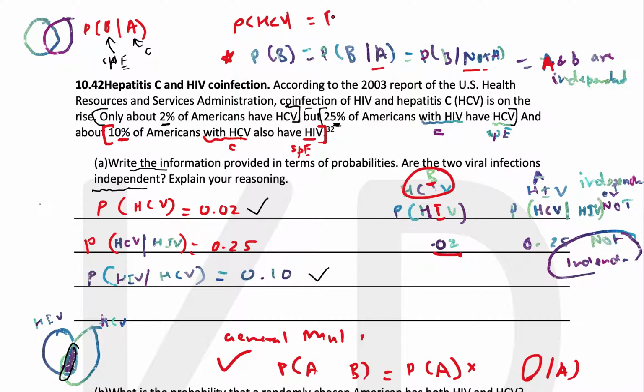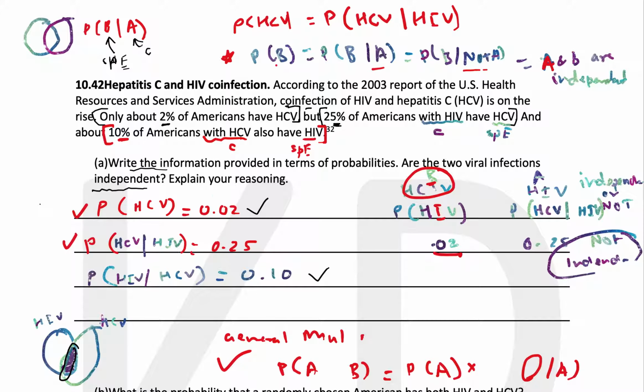Now we have to test whether probability of HCV equals probability of HCV given that HIV has already occurred. And we are using this specifically because we already have that in the data, right? So you always want to see what you have and then how you can proceed with the proof. We do have this information, and this information as well. So we can simply compare them.